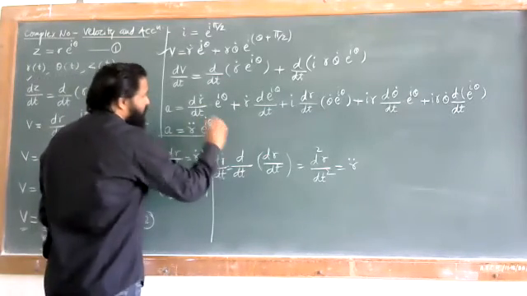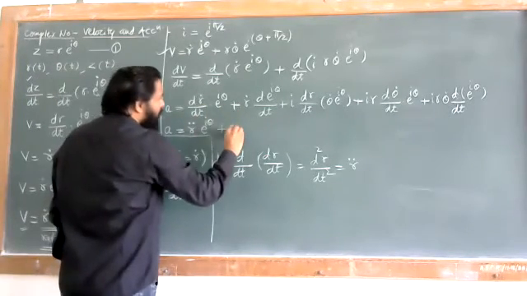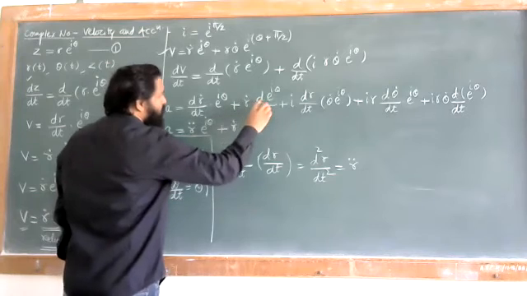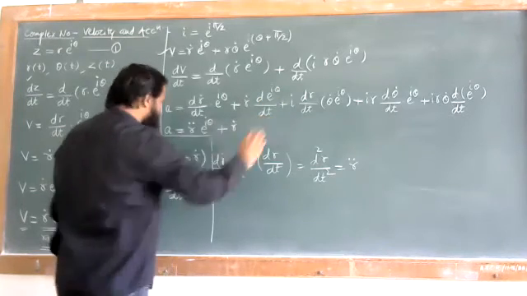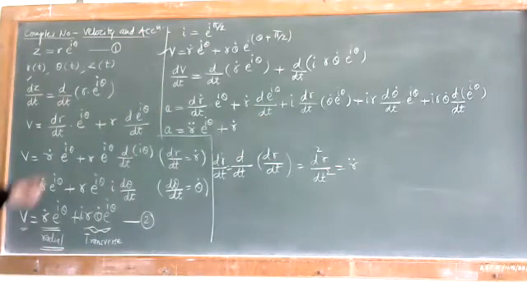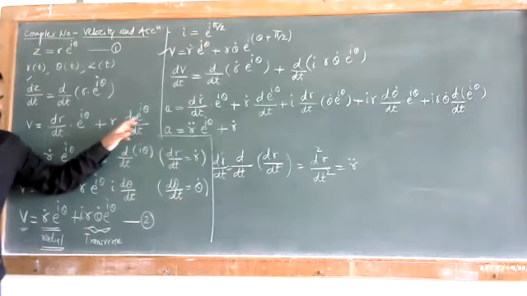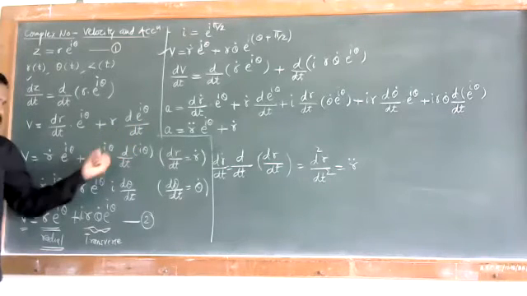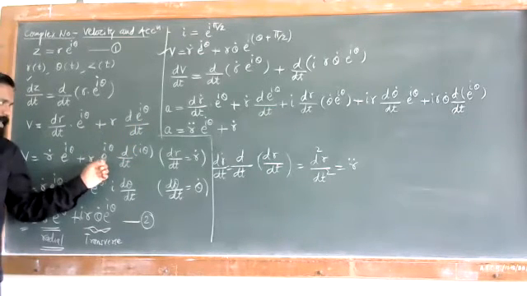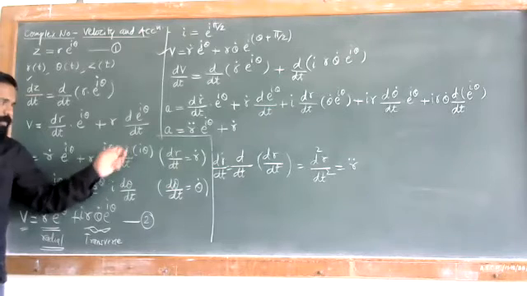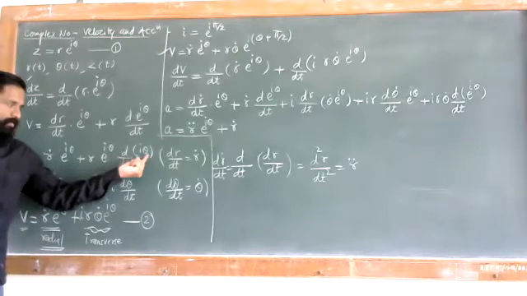Now the second thing, look at this, r dot as it is into the derivative of e raised to i theta with respect to t. We can write that as e raised to i theta into d by dt of i theta. What is that?